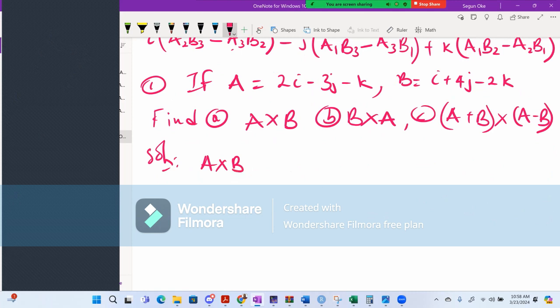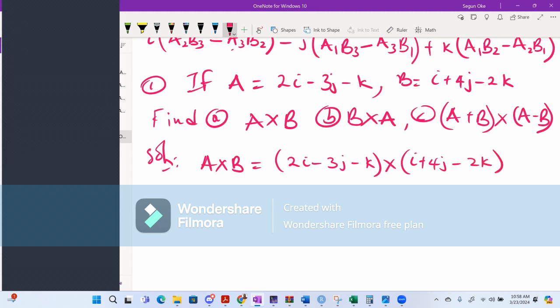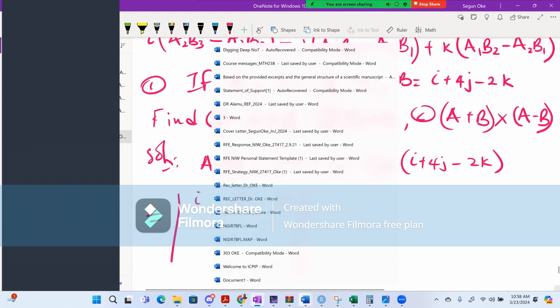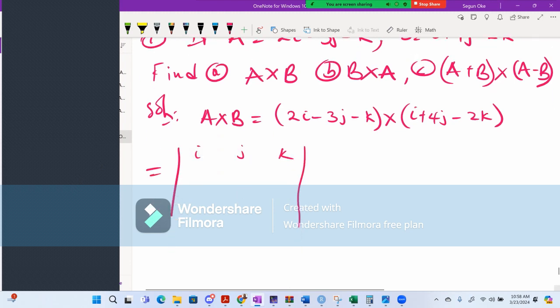A cross B, which is equal to 2I minus 3J minus K cross I plus 4J minus 2K, which is the same thing as, let's write I, J, K. You agree with me?